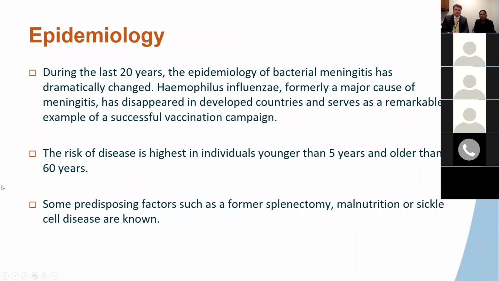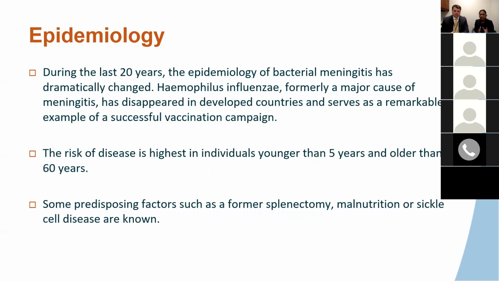So, epidemiology. During the last 20 years, the pathogens that cause bacterial meningitis have changed a little bit, especially Haemophilus influenzae type B. This was one of the biggest culprits in kids, causing meningitis, endocarditis, bacteremia, and epiglottitis.